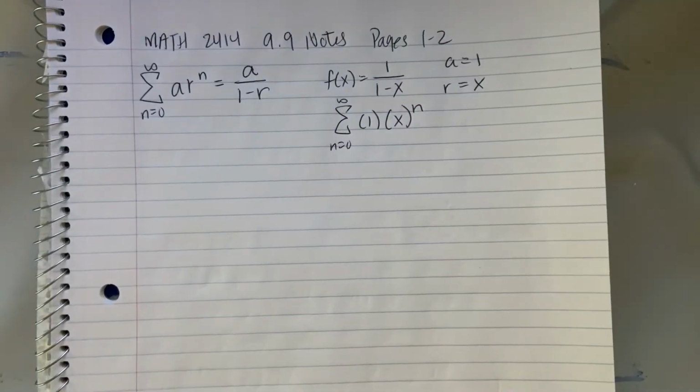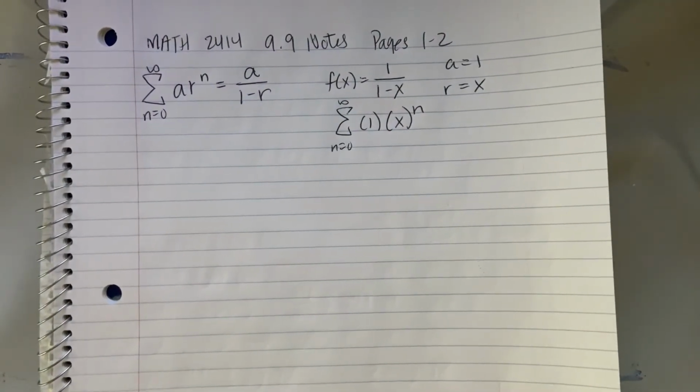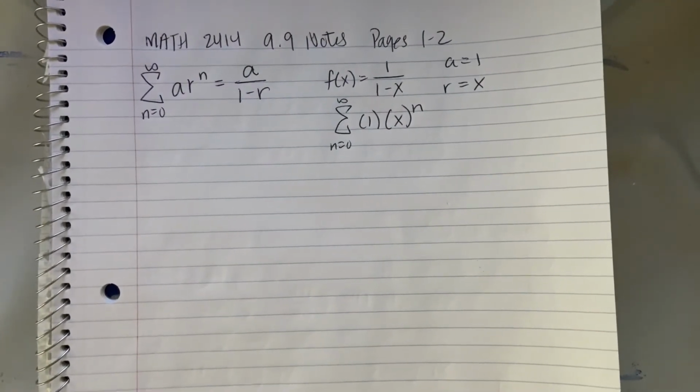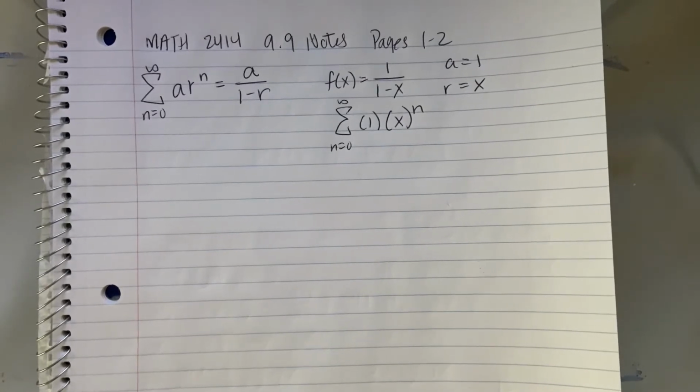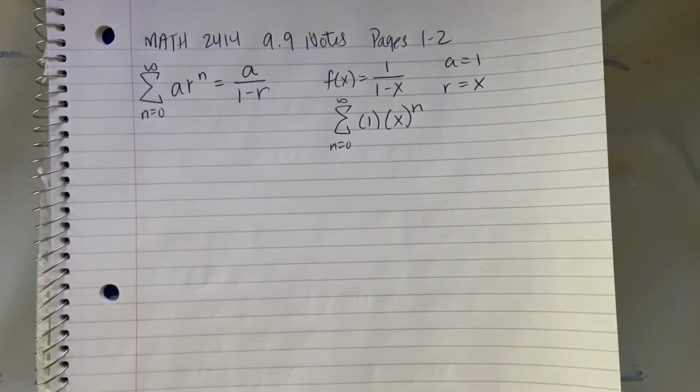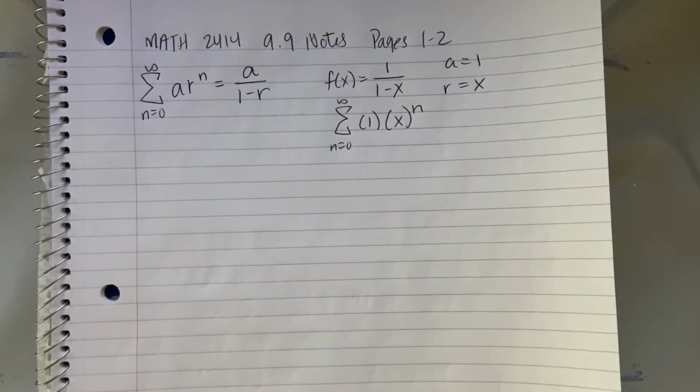So it should just become x to the n. And that should converge so long as x is between -1 and 1. That's a fraction raised to the n power. So it's a good estimation for the function 1 over 1 minus x between -1 and 1. Now that's only for an interval around 0.